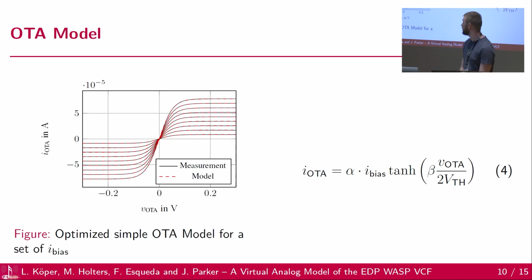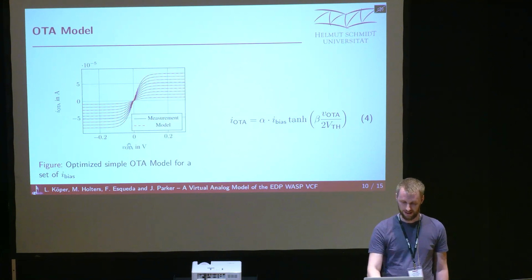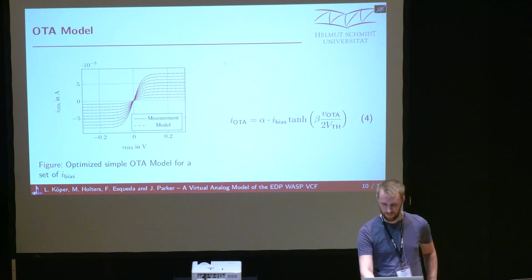And when we take a look at the VOTA, so the transconductance amplifier, you can see in this plot the output current against the input voltage. And here you see, okay, if we would take a linear model, then we can only model this area here near the origin. We, of course, need to somehow model the saturation effect.